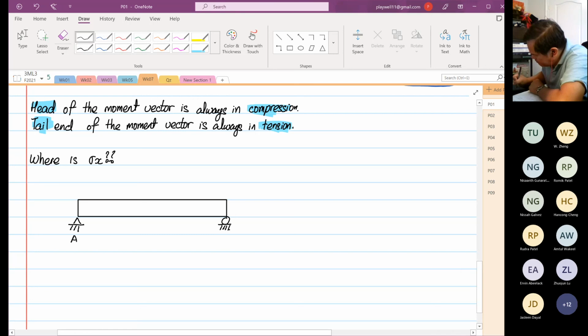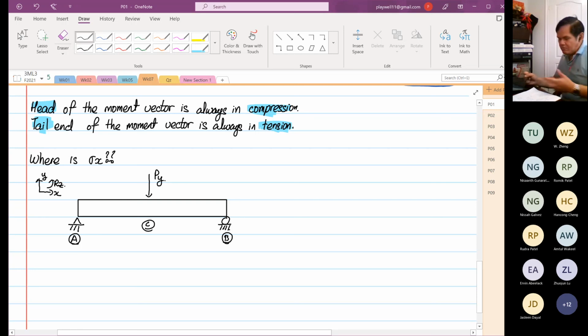Point A, again the same, point B, and this is our point C, where we have a load coming down. This is our PY. So we draw our transformation, X, Y, rotation about Z.